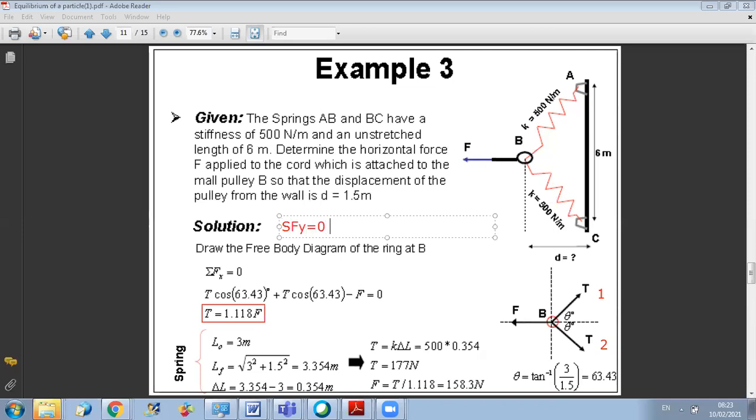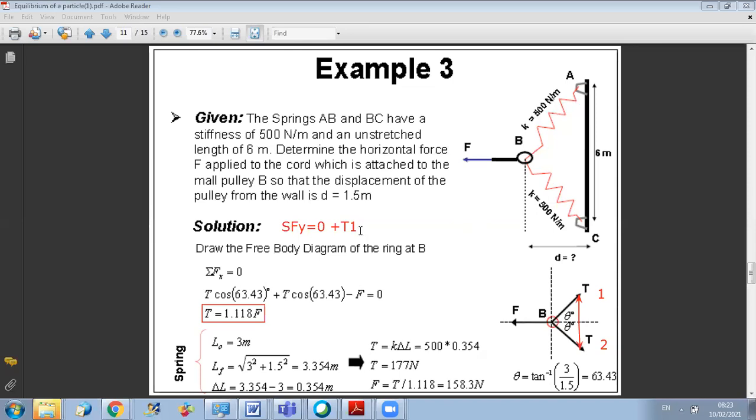If I want to project along y, for T1 it's plus T1 sine theta, and for T2 it's minus T2 sine theta.